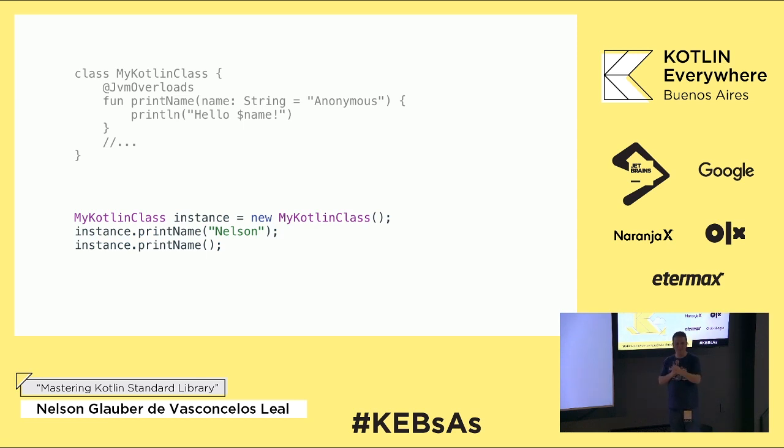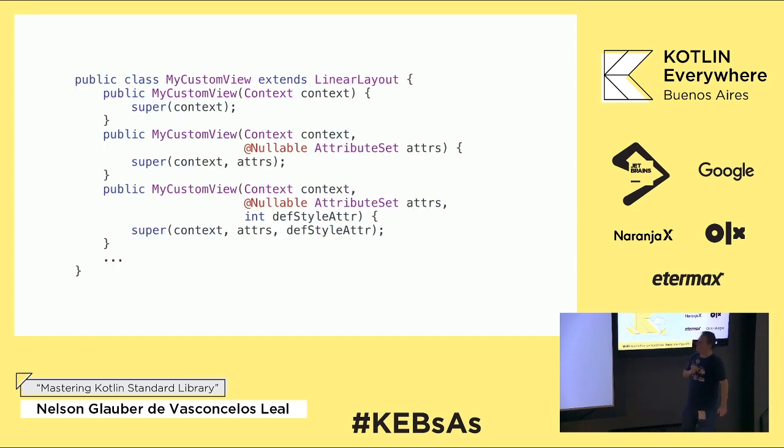Guys, I mentioned that because nowadays a lot of developers are writing code in Kotlin, but there are a lot of projects which were written in Java and are now migrating step by step to Kotlin. So it's very important to have Kotlin code working with Java, okay? And in Android particularly, it's very common to write custom views. And if you write a custom view in Java, you have to override these 3 constructors.